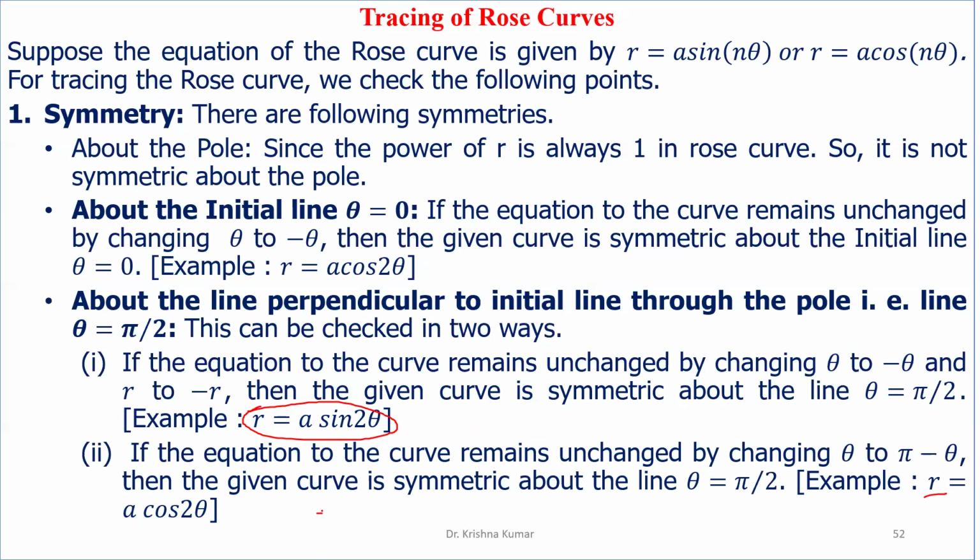But if we replace theta by pi minus theta, we get cos of 2 pi minus 2 theta, and cos of 2 pi minus 2 theta is nothing but cos 2 theta. So the equation of the curve will not change. So the curve r equal to a cos 2 theta is also symmetric about the line theta equal to pi by 2. Right, so these are about the symmetry.